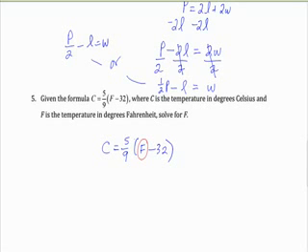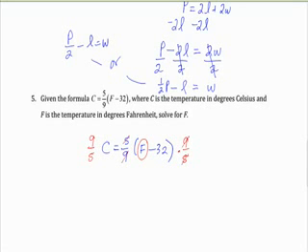So remember that we're working PEMDAS backwards. This fraction 5/9 is multiplying the parentheses, so we need to get rid of the multiply before we deal with what's inside the parentheses. I'm going to multiply by the reciprocal of that fraction on each side first. That will cancel here.